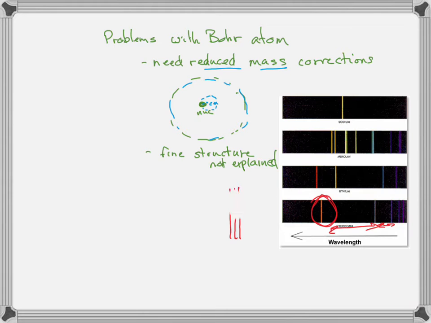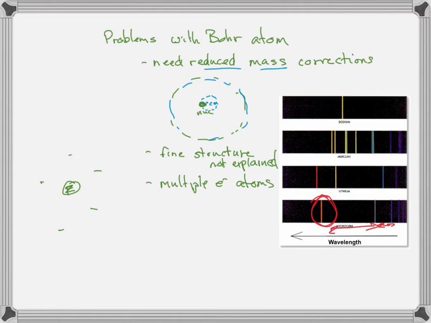In addition, multiple electron atoms are not described correctly. We really just stuck with singly ionized helium, doubly ionized lithium, etc. Single electron atoms. Once you get additional electrons, one of the problems, let's say that we've got some nucleus with number of protons Z, and so you've got a bunch of electrons.